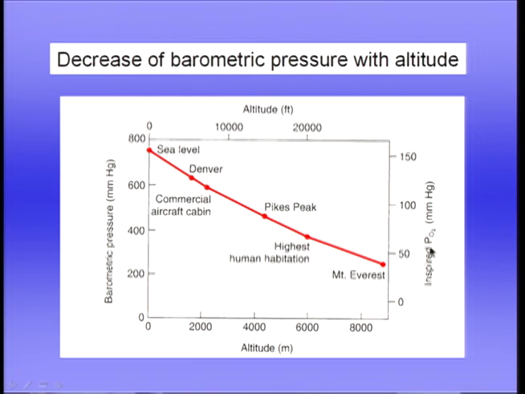That gives you the inspired PO2. Incidentally, the oxygen concentration is constant throughout the atmosphere up to the level of Mount Everest and well beyond that. So we don't need to bother about changes in the oxygen concentration of the air.